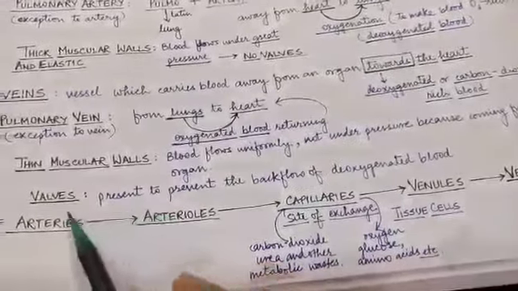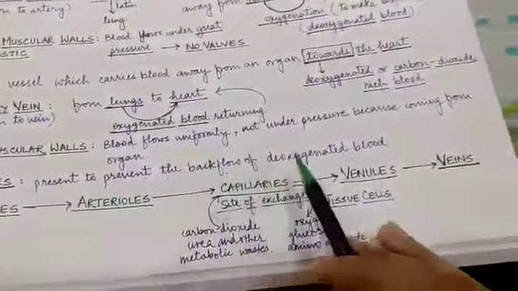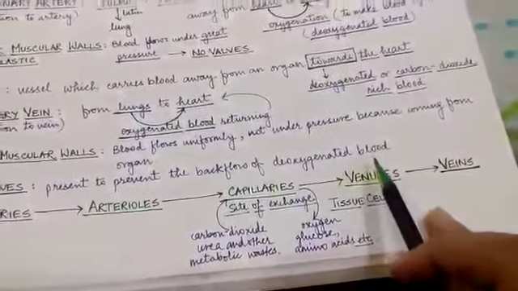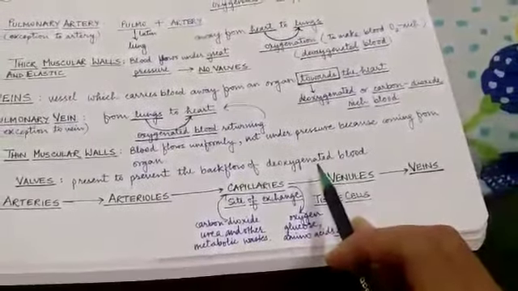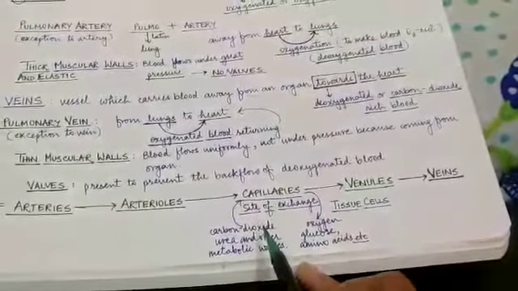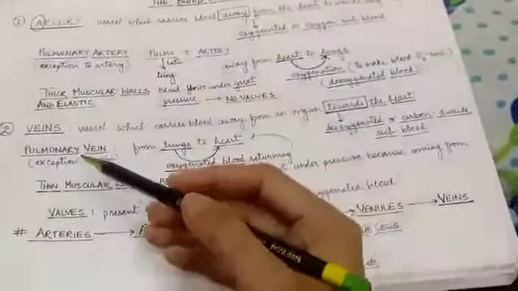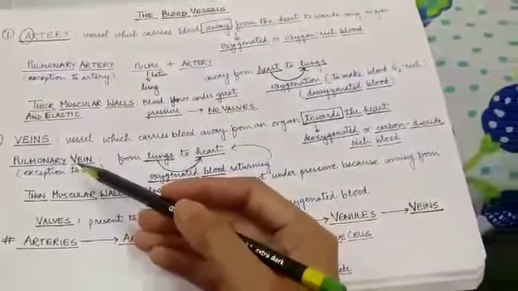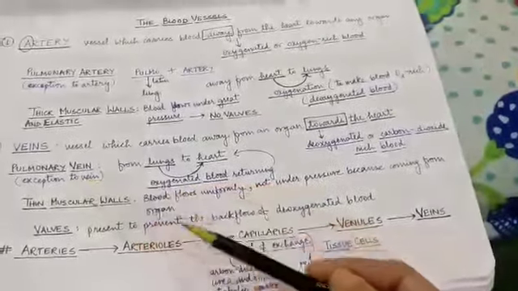That is where the role of valves comes in. They are present to prevent the backflow of deoxygenated blood, because we cannot afford the deoxygenated, carbon dioxide rich blood to go back to the tissues again. So that was the artery and veins, and which definition you should refer to so that you can understand and do not have to mug it up.